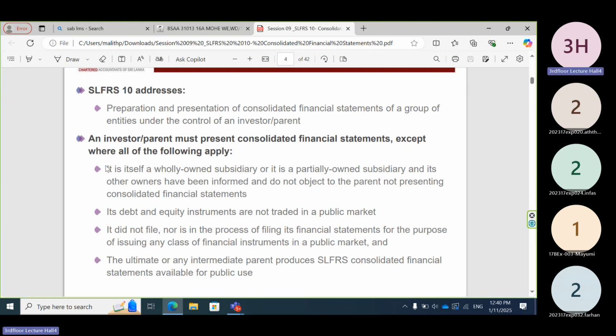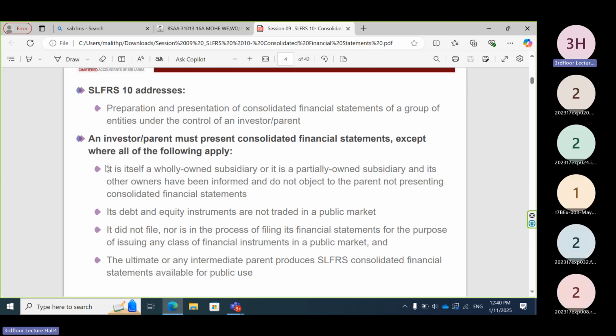People's Bank is not a listed company, according to my knowledge. It was established based on a separate act. This is not a listed company. This is a listed company. People's Leasing is a listed company. People's Leasing PLC, right? People's Insurance PLC. It's a listed company.